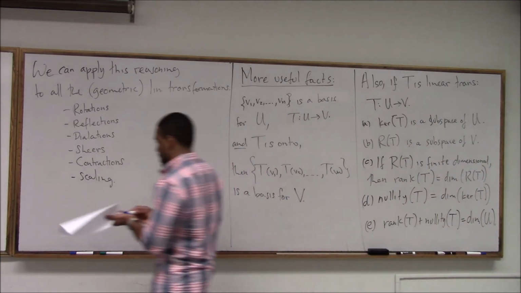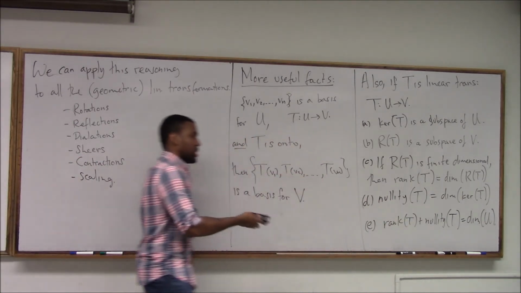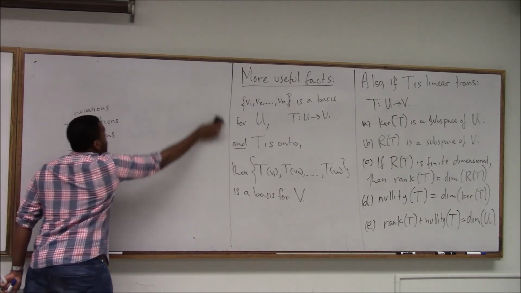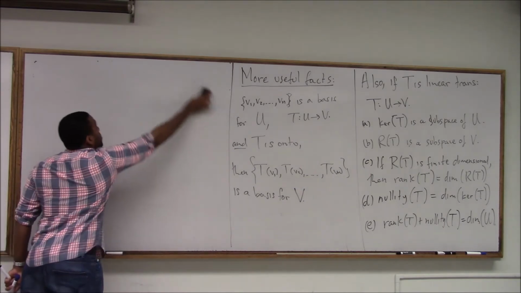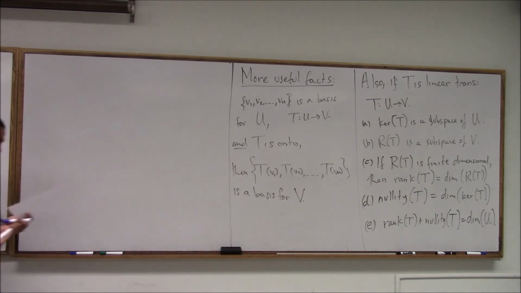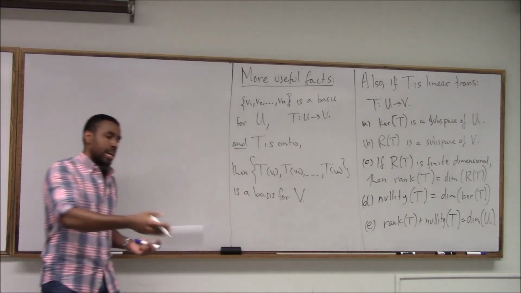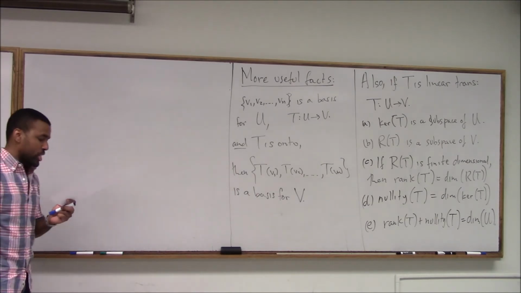So it's really just a translation. These are facts that we kind of know, and we can always translate back to matrices and prove them there. But chapter 8 brings them to the forefront, because knowing them on this level is nice, so you don't always have to go back and retranslate everything.